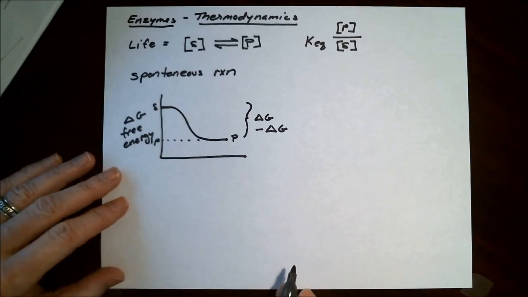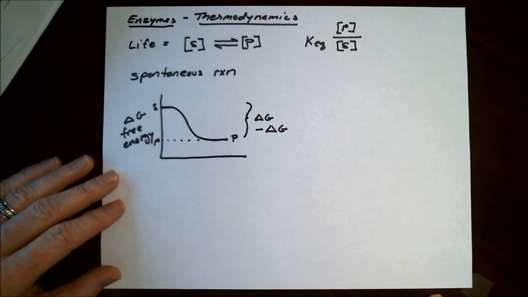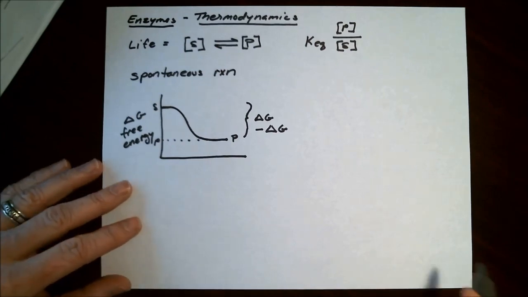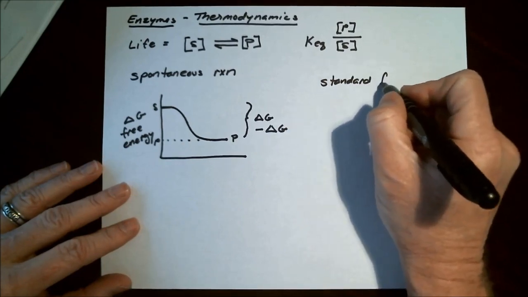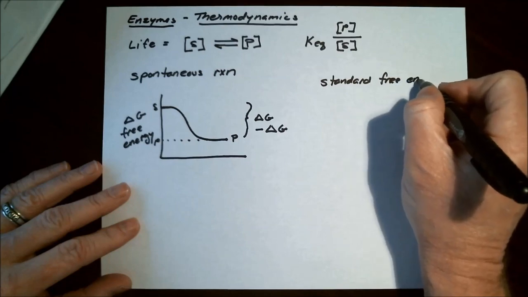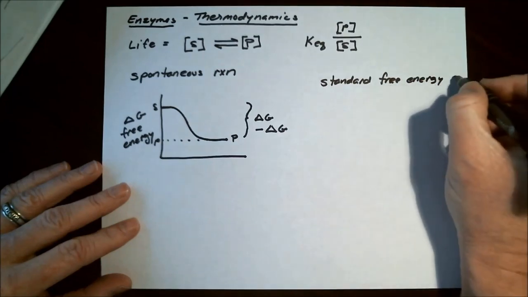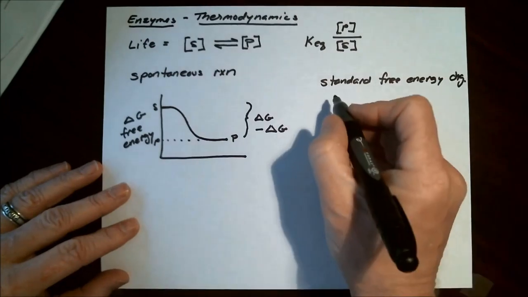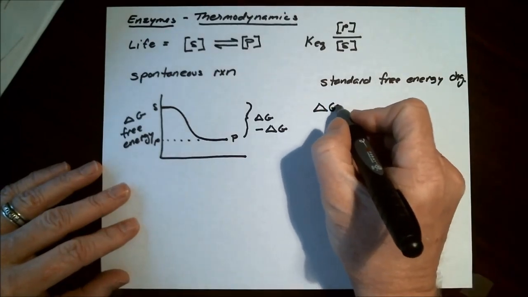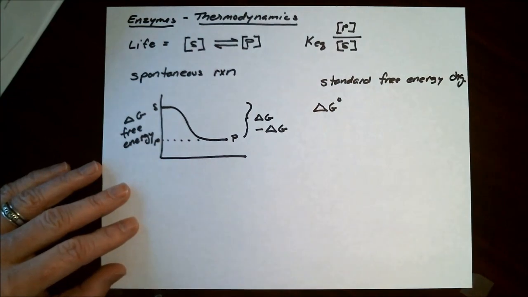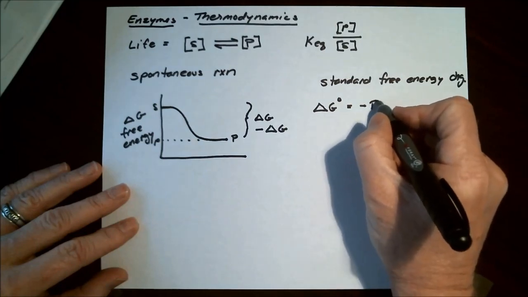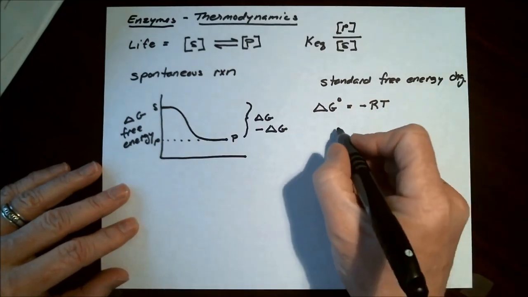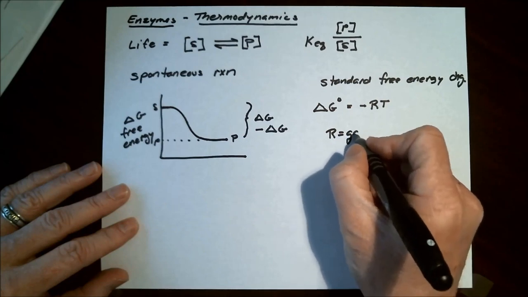Now, every reaction has its own inherent delta G measurement, a change in free energy. And this can be measured as the standard free energy change. And the standard free energy change is delta G 0. And delta G 0 is going to equal negative RT. R equals the gas constant.